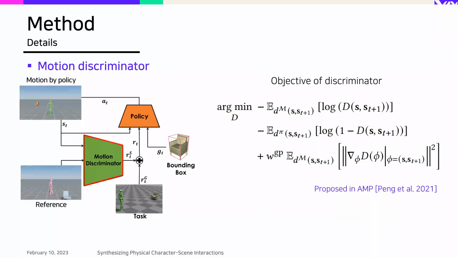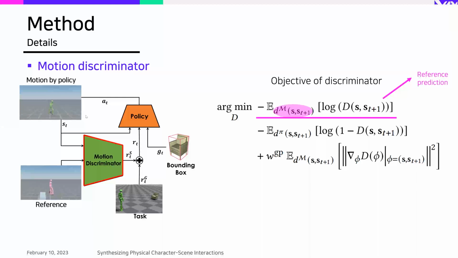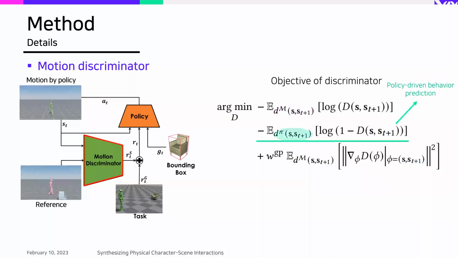This term was proposed by Peng in the paper AMP. To be specific, the first term encourages the discriminator to predict a score of 1 for a sample from the reference. The second term encourages the discriminator to predict a score of 0 for samples recorded from the policy.